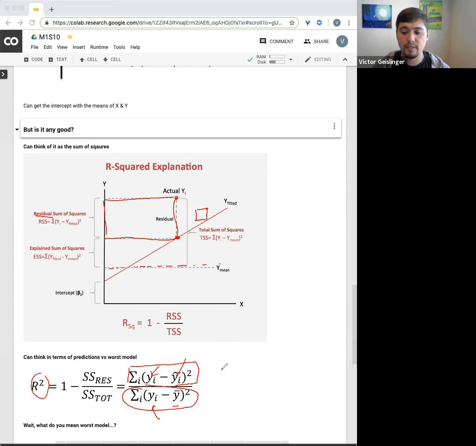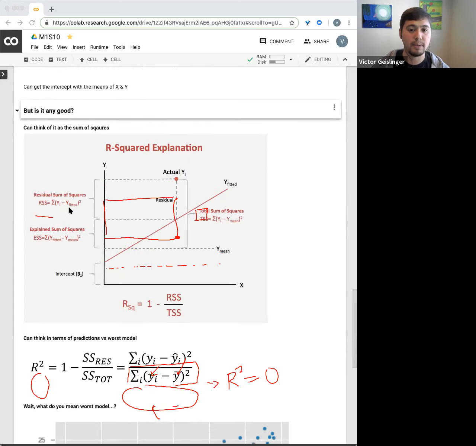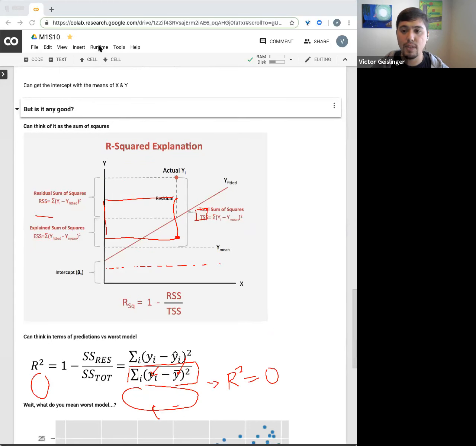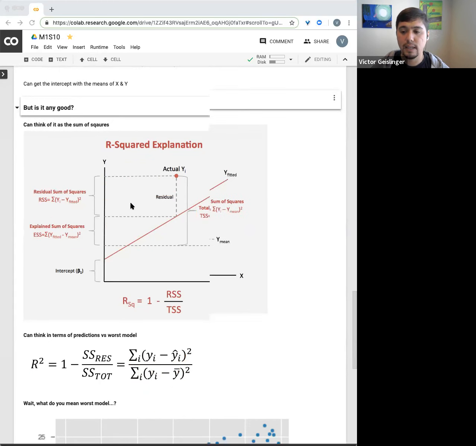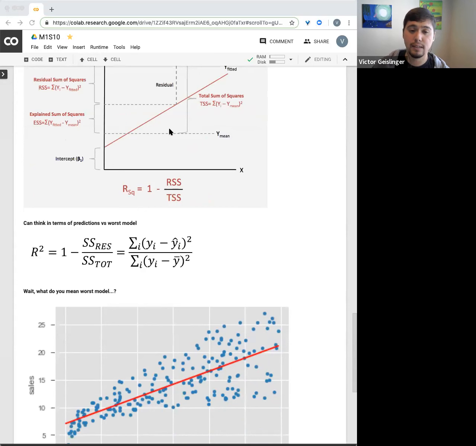But it actually comes from the fact that if R squared is equal to 0, that is actually our worst model. It means that it doesn't do a good job explaining everything. What that comes from is that we use the mean to predict, saying, okay, this is the worst possible model.